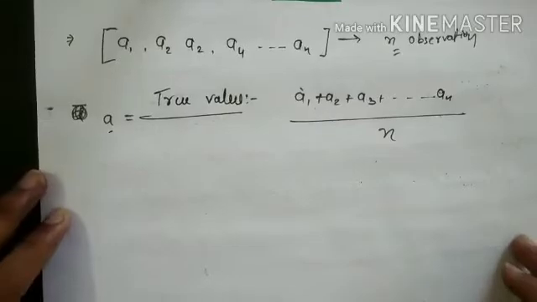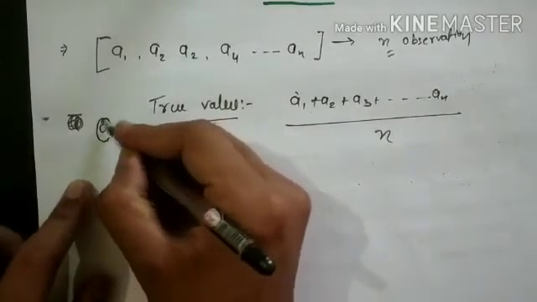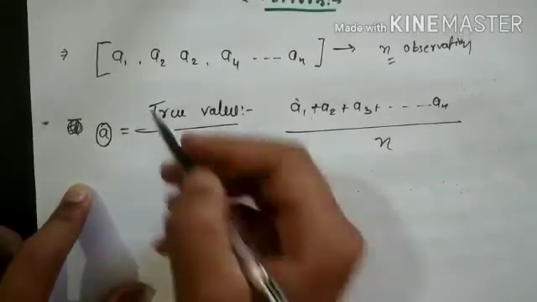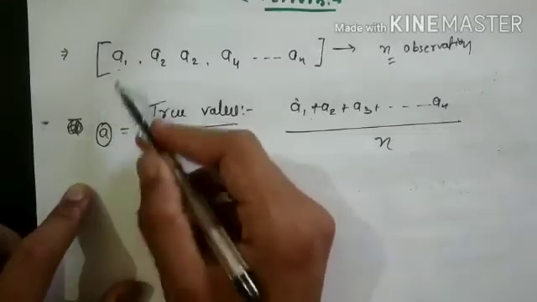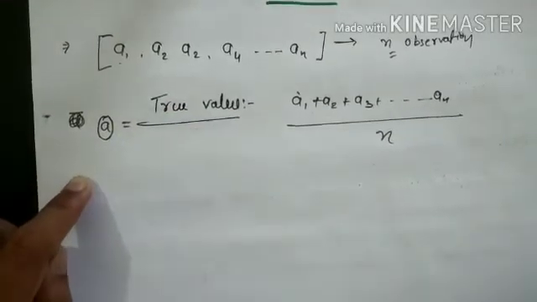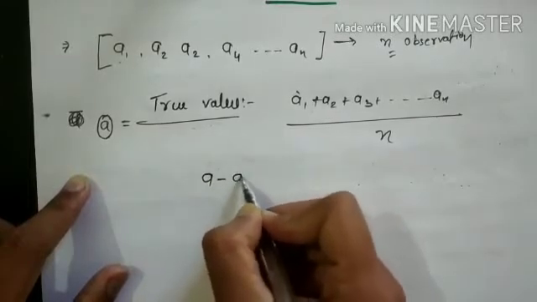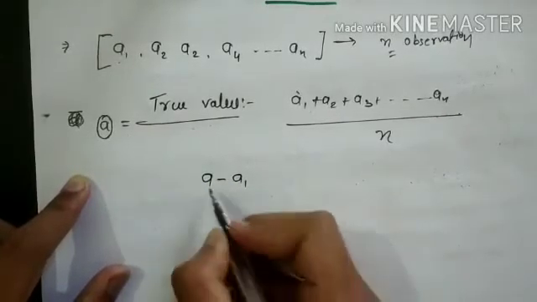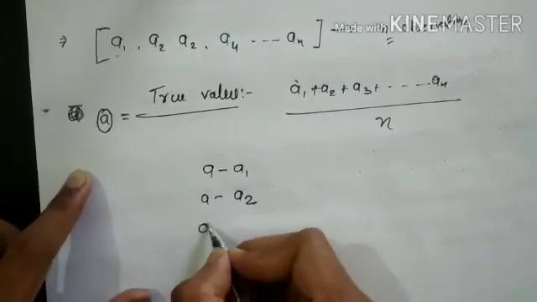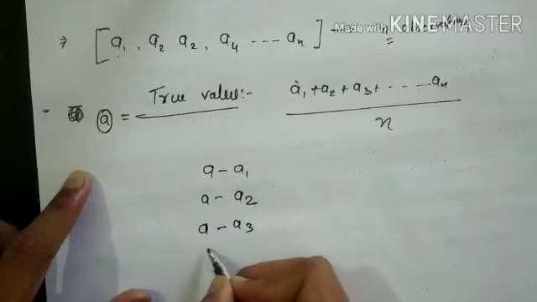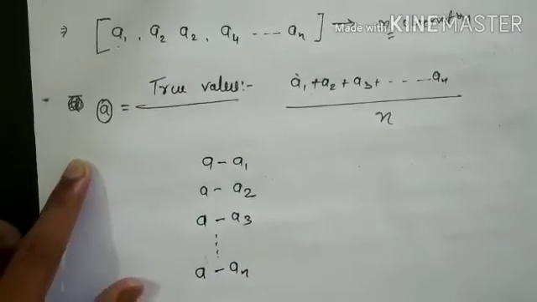Now we know that our actual value is A, but our measured values are A1, A2, A3, A4, An. So definitely there is a difference between A and A1. Here we will evaluate the differences: A minus A1, true value minus measured value; A minus A2, true value minus measured value; similarly A minus A3 and so on up to A minus An.